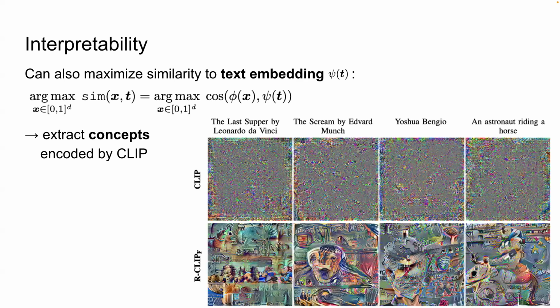Okay, here are some examples. For some well-known strings, like The Last Supper by Leonardo da Vinci, with the non-robust model you just get noise, but for the robust ones, you get some relevant features, right? You see that there is a sort of a table and there are some people, hopefully people. For The Scream by Edvard Munch, you see the face, where you don't see the hands, but we see the face, right?